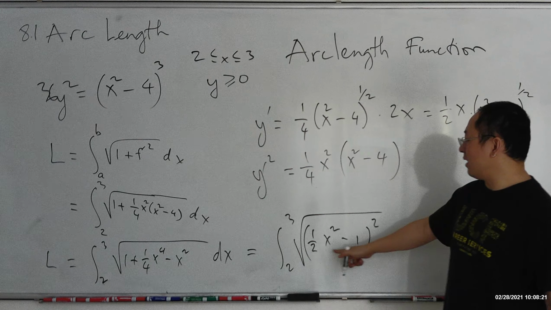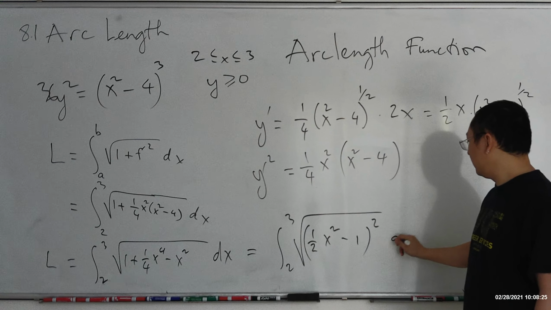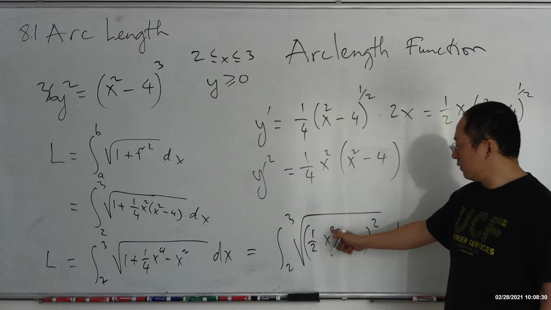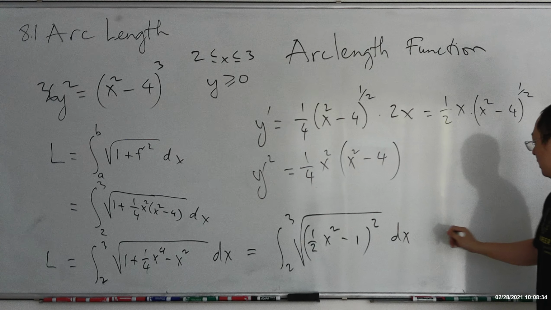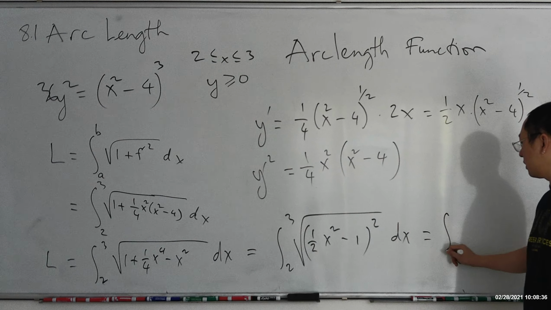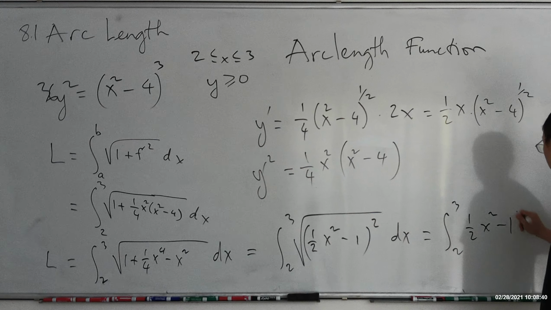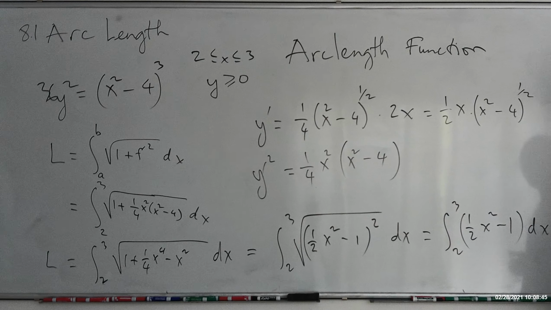You can factor this out, and then dx. Is that right? 1/2 squared is 1/4, and then 2 times x squared, minus, and then 1, yeah, that's right. So this is the integral from 2 to 3 of 1/2 x squared plus 1 dx, and I will let you go from here. You will be able to calculate.